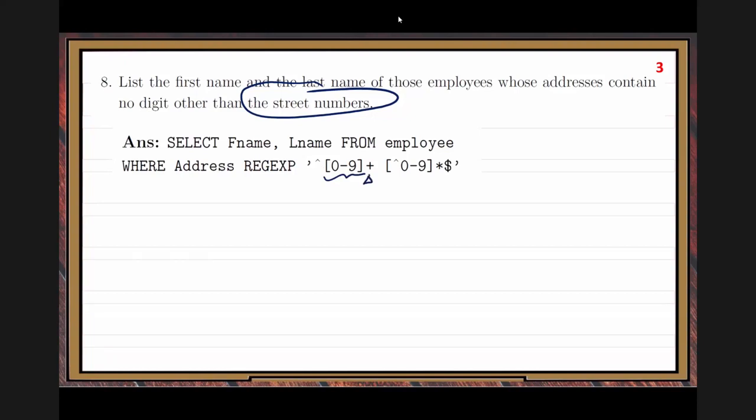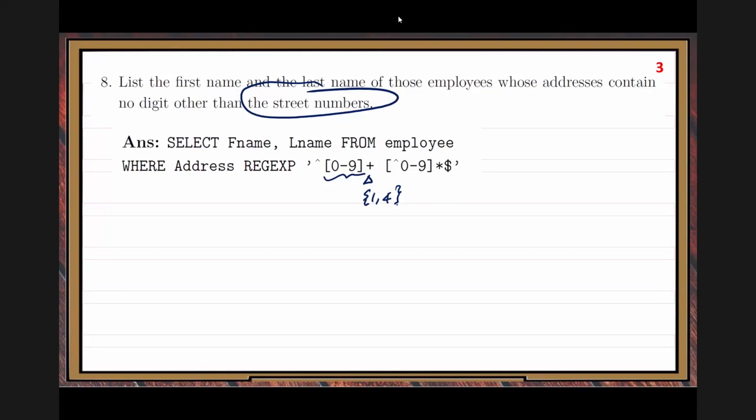Some students give me a repeat of a specific number of times. But here in the question, we do not know how many digits are used for the street number. So it's better to use a plus sign, so we do not specify a specific number of digits.